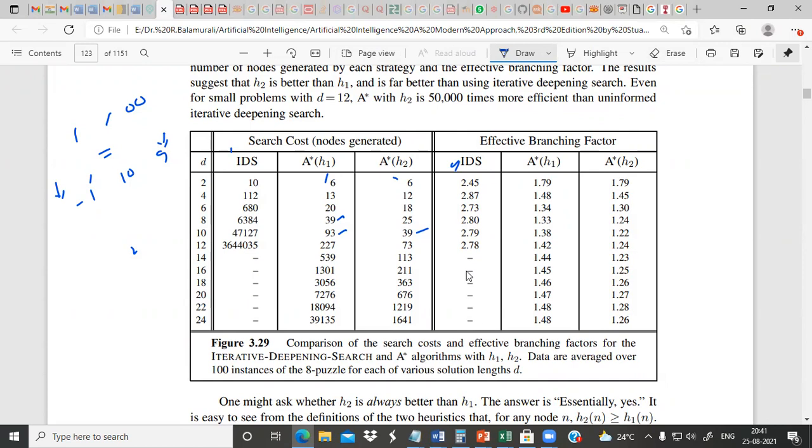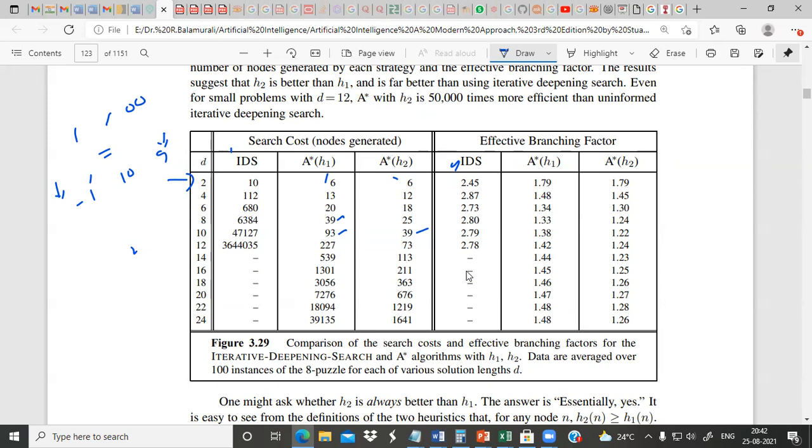So here the number of nodes generated is 10, so it is 10 to the power 1 by 3, right? Whereas in this case the number of nodes generated is 6, so it is 6 to the power 1 by 3. This is also 6 to the power 1 by 3.